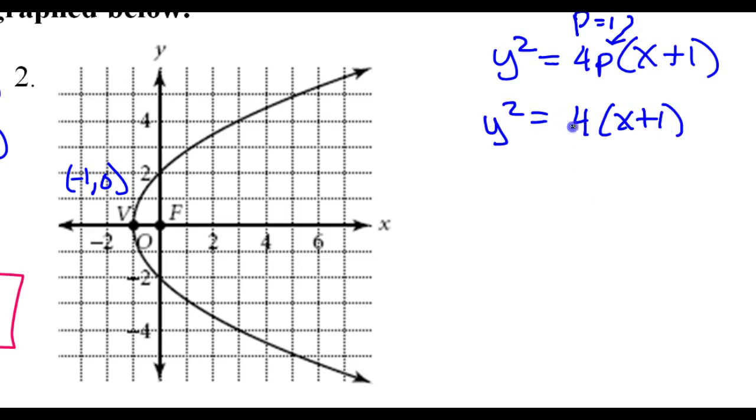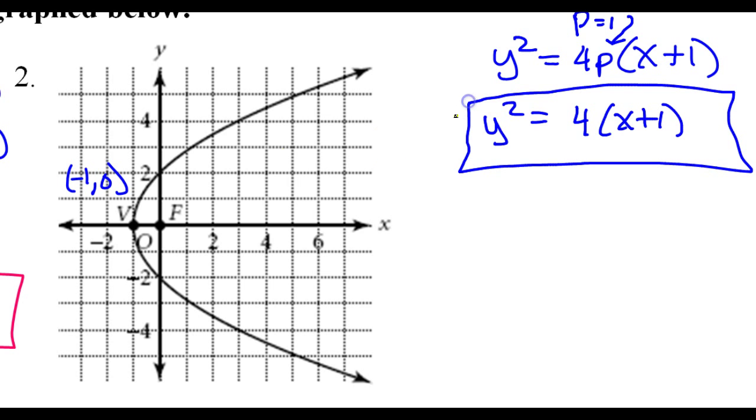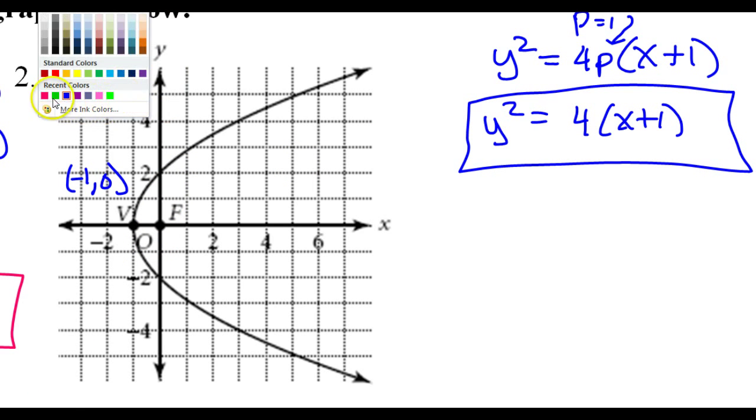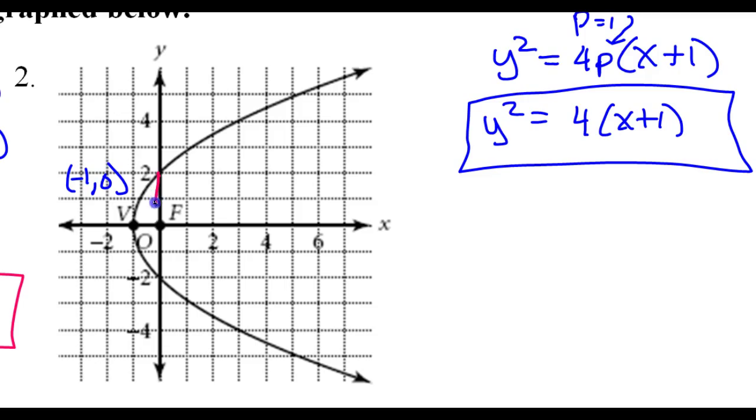Now, does this need a negative sign on it? No, it's going to the right. That's the positive direction. So this is going to be the equation for this parabola. Also notice that the focal width right here was 4. So we were expecting to see a 4 right there anyway. That's another way to think about it.